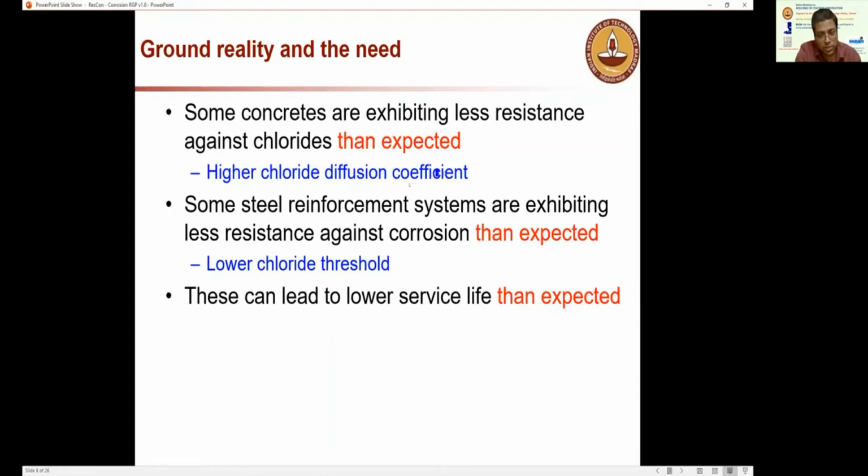Also, some steel reinforcement systems are exhibiting less resistance against corrosion because they have a lower chloride threshold than expected. These can lead to a significant reduction in the service life compared to the target or desired service life. So reality is probably in some cases far away from the design expectations.